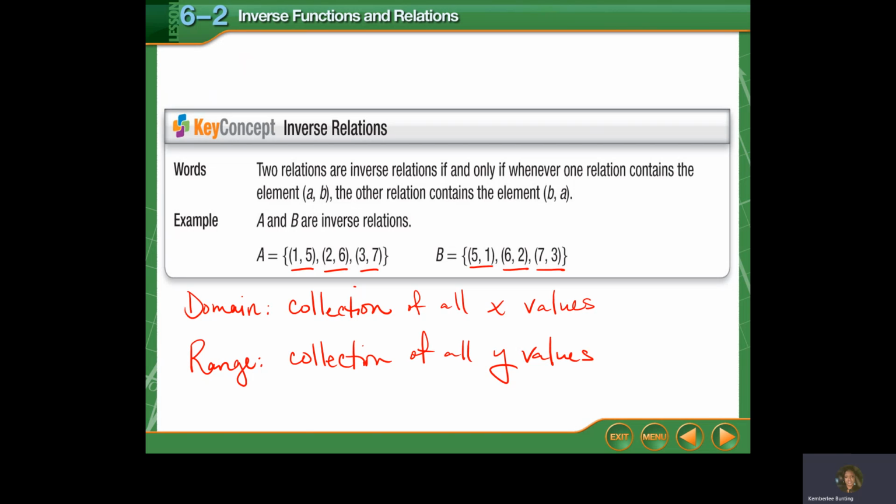It says two relations are inverse relations if and only if whenever one relation contains the element (a, b), the other relation contains the element (b, a). What did a and b do? They switched places. A went where b was and b went where a was, right?